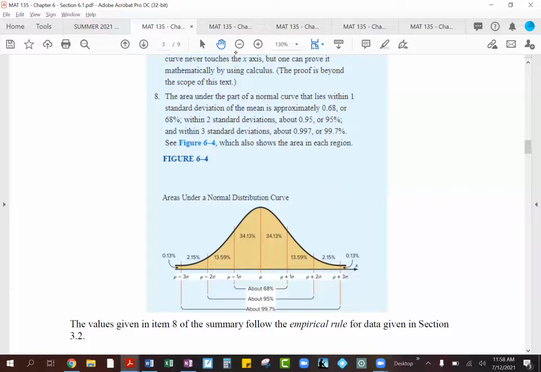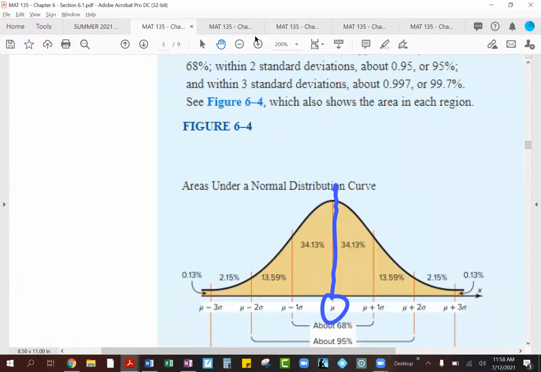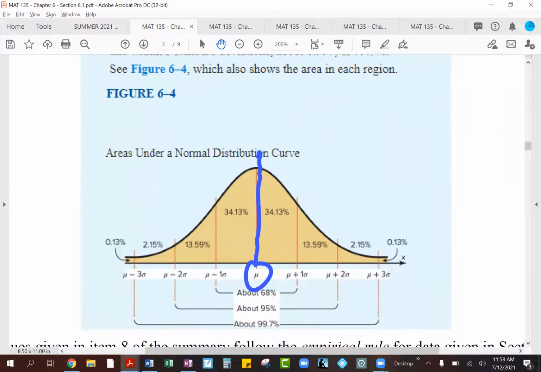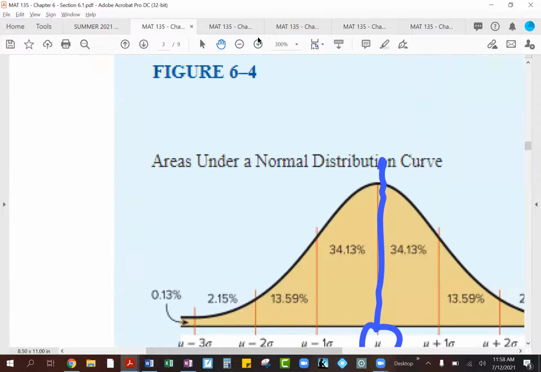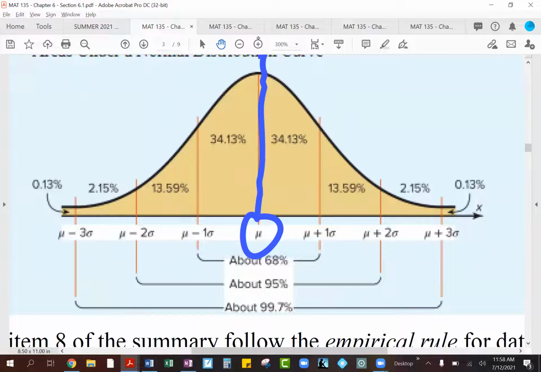Remember, your mean, median, and mode are going to be right here in the center. So that's your mean. And again, I'll make this a little bit bigger so you can see that. Okay, so mean right in the center.